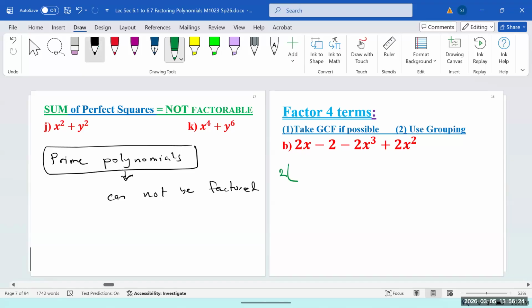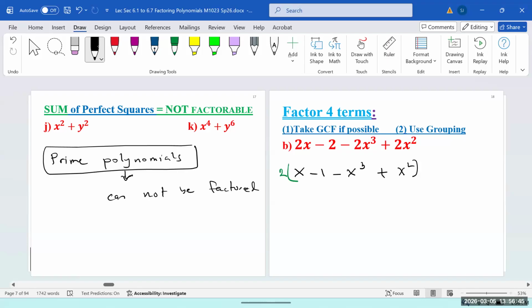x. Then you have minus 1. Then you have minus x cubed, and x squared. So we did the factoring mentally.